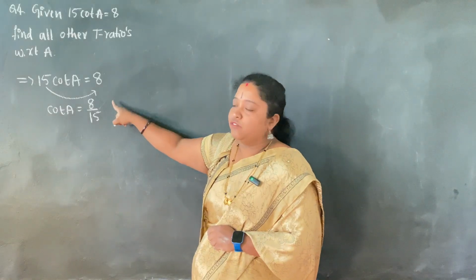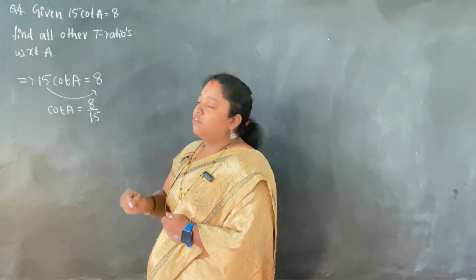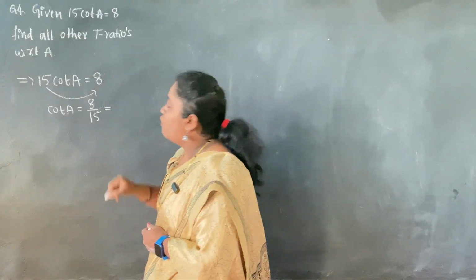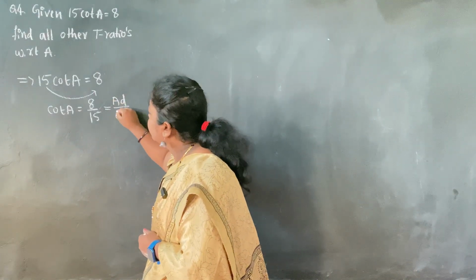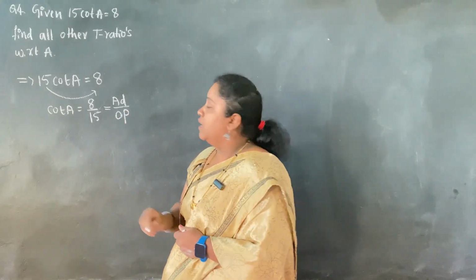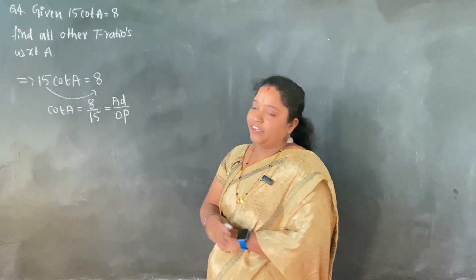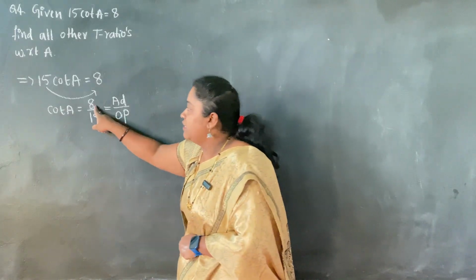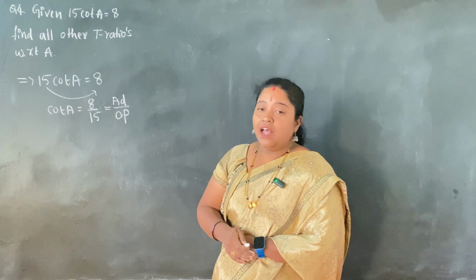Now it becomes very easy for me to go through. Fine. And we know what the cot formula is, dears? Cot formula is nothing but the adjacent side with respect to the opposite. Fine, because we know cot of any angle is the ratio of adjacent to opposite. Adjacent is provided, opposite is provided. Now our work is to find the hypotenuse.